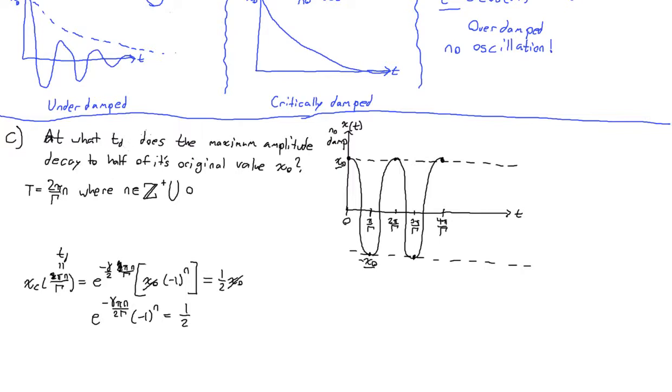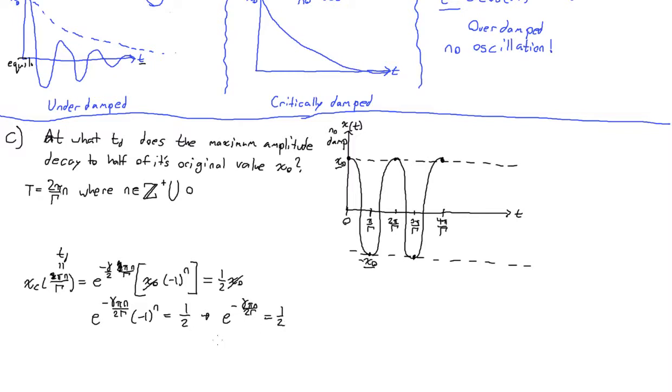We're caring about the distance of the spring from the equilibrium position. This t-axis is the equilibrium position. And this negative 1, positive 1 doesn't really matter for that. So we're just going to ignore that, and we're going to instead solve e to the minus gamma pi n over 2 big gamma is equal to 1/2.